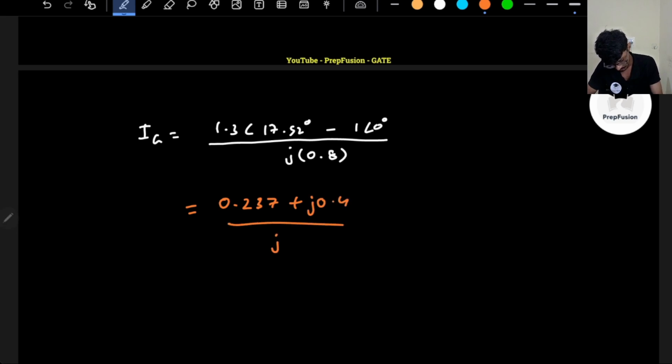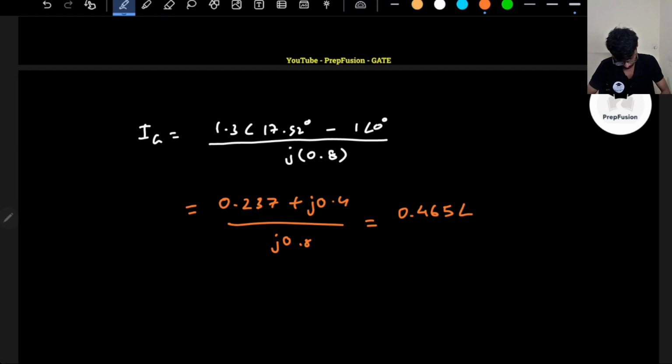Divided by j0.8. I will write this in polar: the square root of 0.4 squared plus 0.237 squared, which is 0.465.